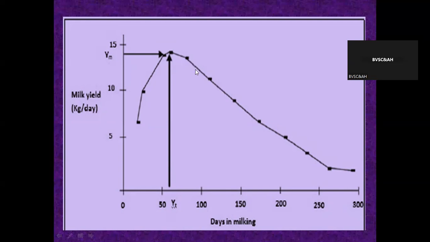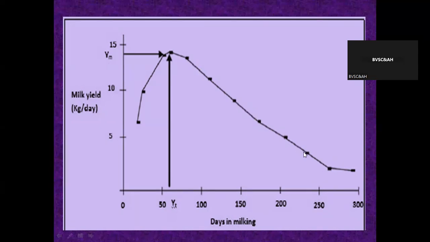increase in milk production till it reaches the maximum, say by day 60, and then it tries to decline. If this rate is not so rapid, in other words if the persistency is good, and the decline is not so rapid by day 300 of the lactation cycle, then you will have a good milk yield.